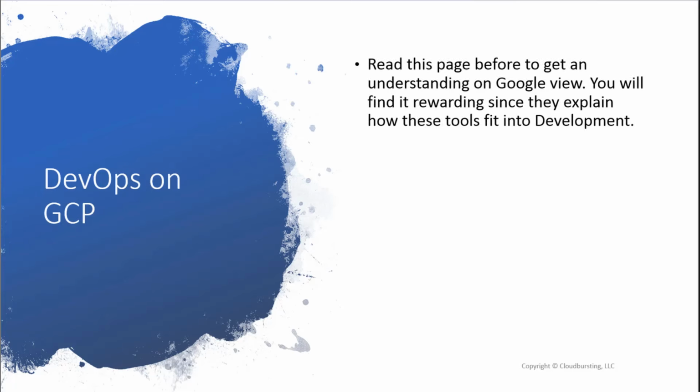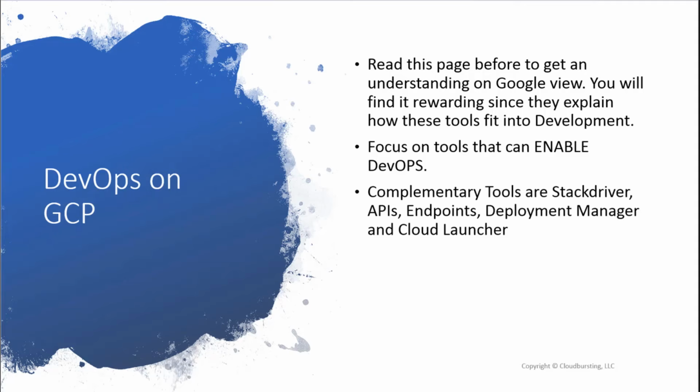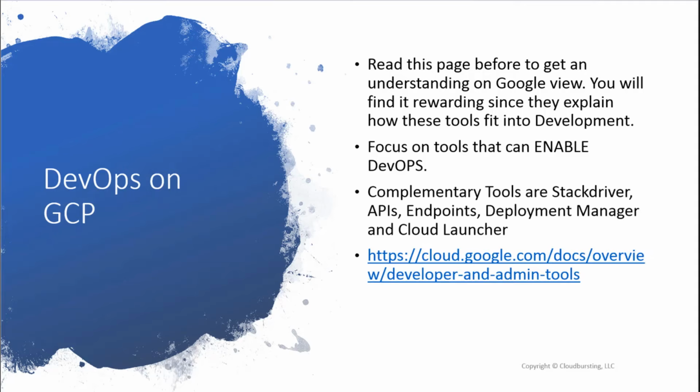Now, when it comes to development, one of the things to really talk about here is to go over to this website here, and let's take a quick look at it and talk about why we want to look at this before we start deploying anything on Google Cloud.